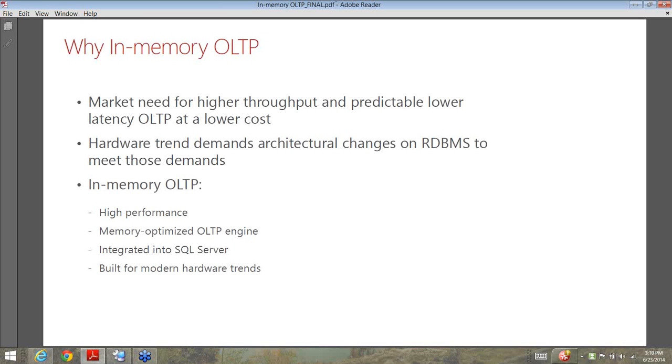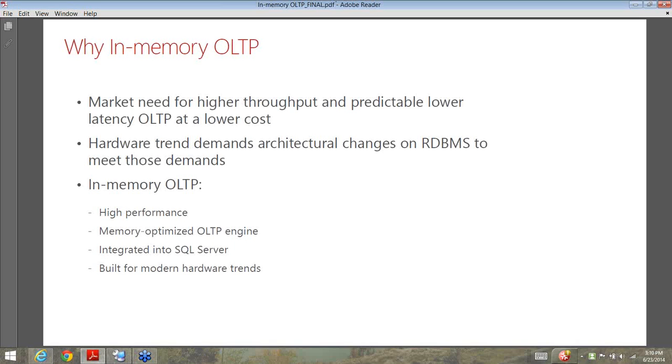Because of this, the data needed to reside on the disk, except when it was needed for processing. What I mean is that your data was residing on the hard drive, and whenever queries needed to read that data, it got loaded into your memory. So that was the architecture that SQL Server has been following till now.